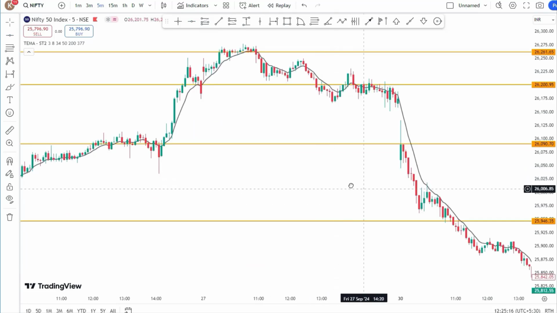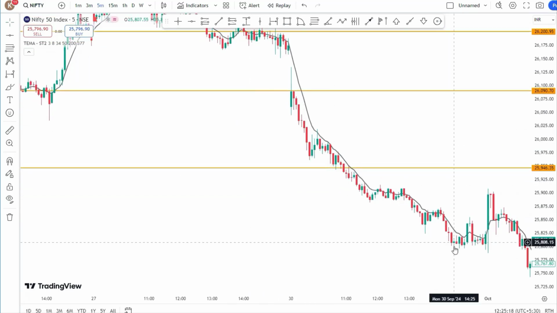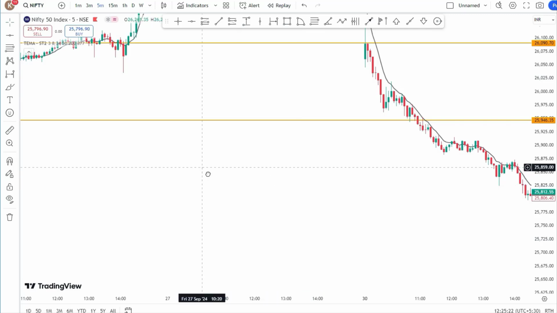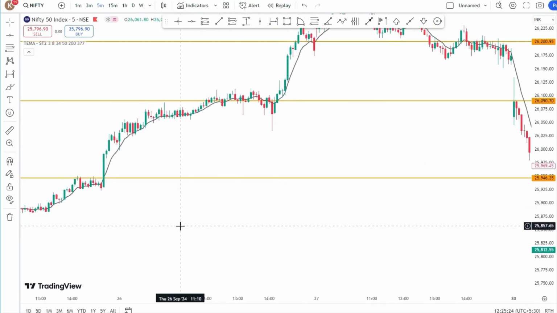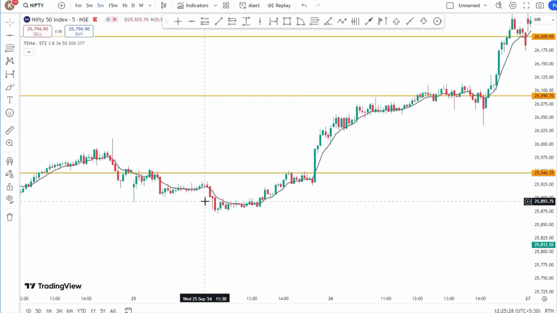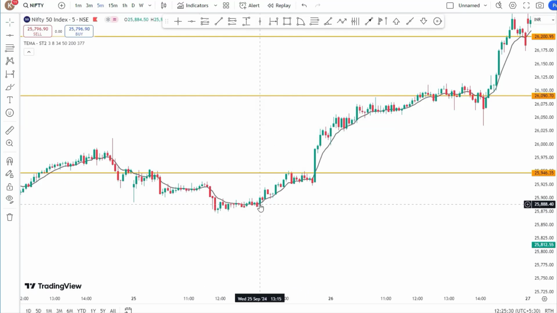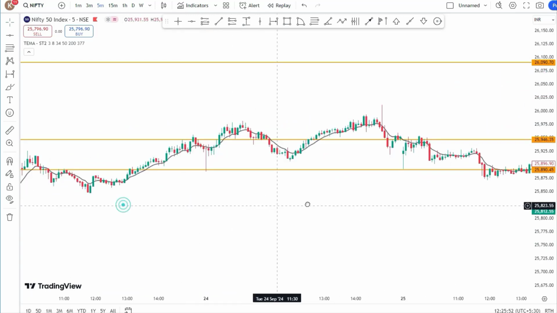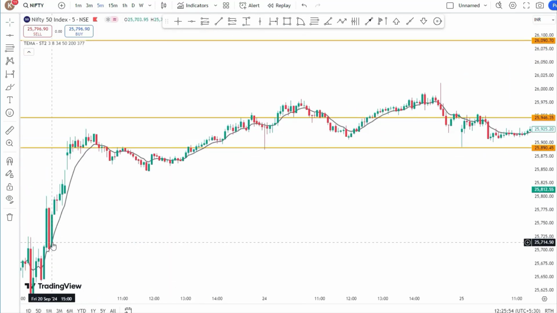So friends, here we have the graph going to the downside, and at this range we don't have any level. In that case, what we can do is go to the past and find where the crossover happened, and then we can put lines there.